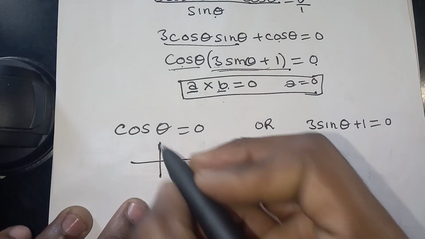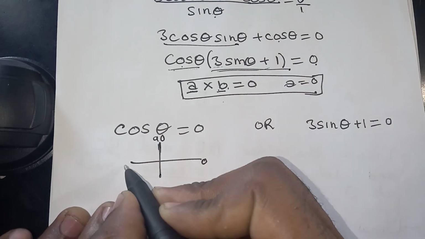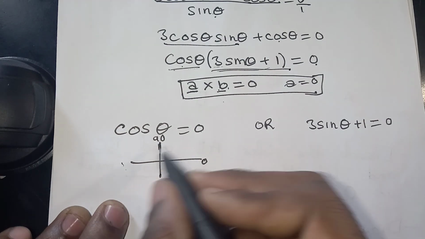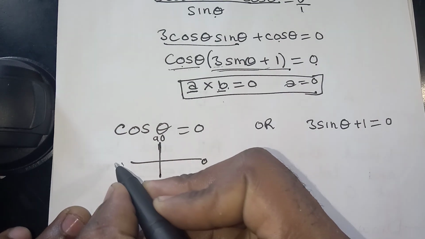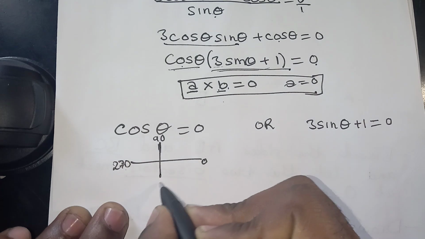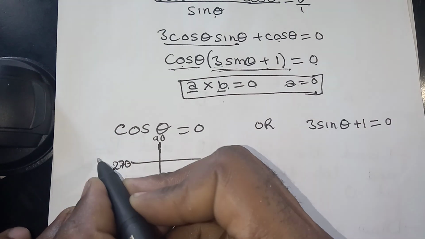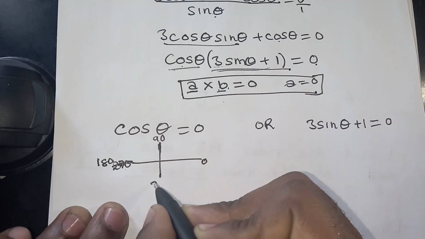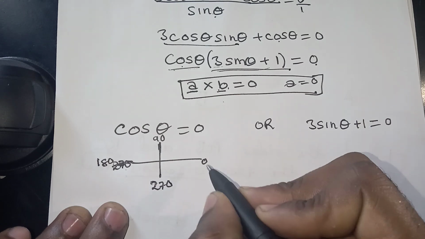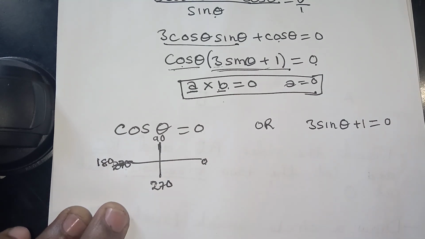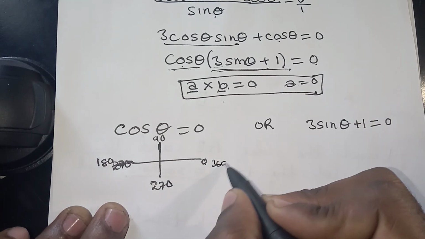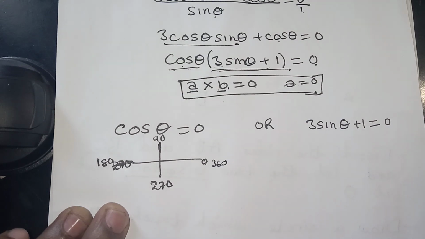This one will be your 0, this one will be your 90. These are the 4 quadrants, by the way. Then this will be 270. Actually, this is 180, sorry. Then 270, then back to 0 or 360 if you wish to call it that.